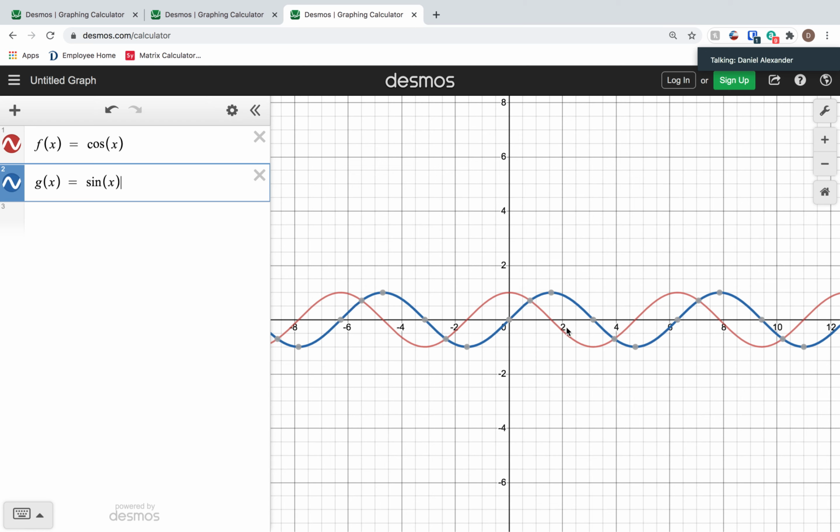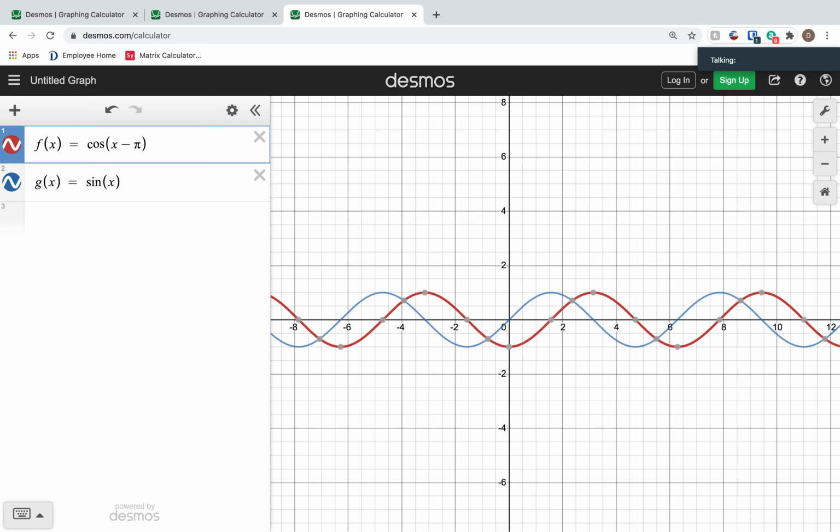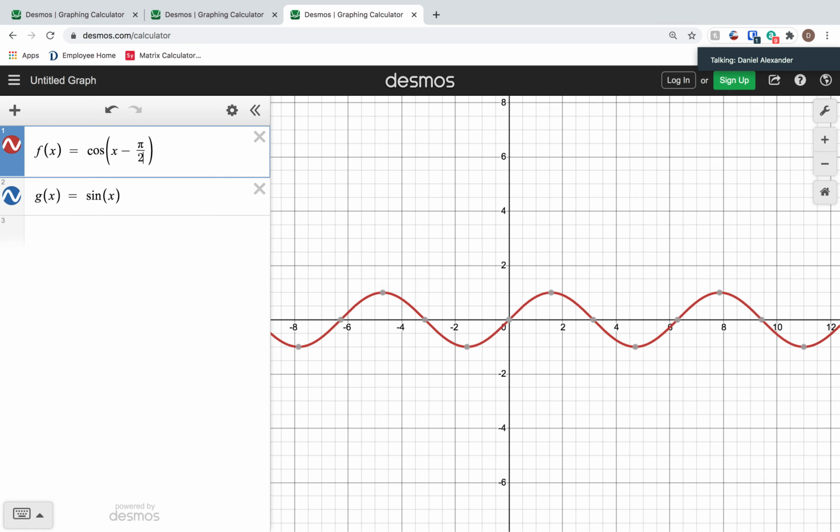If you pull this one forward a little bit, it'll match. So if you yank the sine graph forward, boom, it overlays it. The way to match it would be to translate it pi over 2 to the right. And now the graphs overlay perfectly.